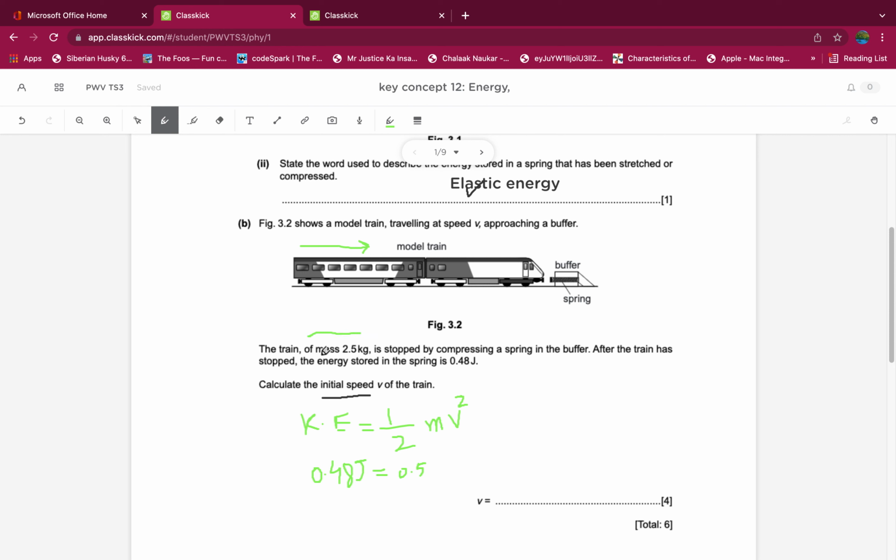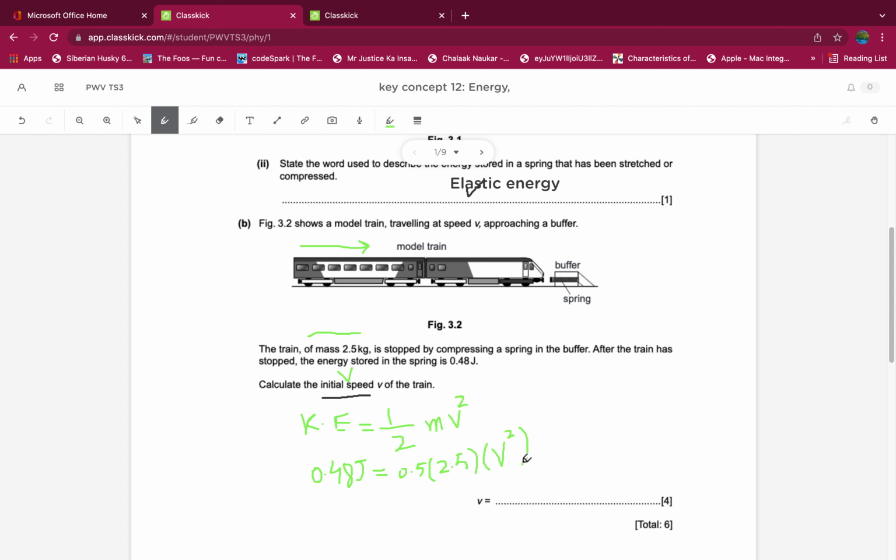Here in the problem you can read mass is 2.5 kg, so you substitute its value, 2.5. V means speed. Speed we don't know, speed we have to find. V is the question mark, so here v square will come.